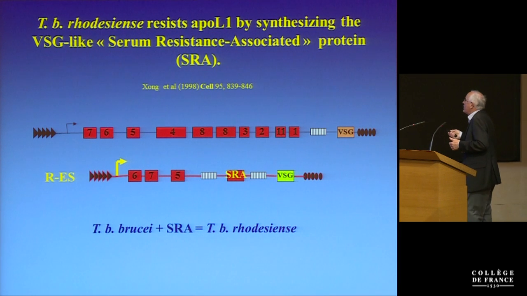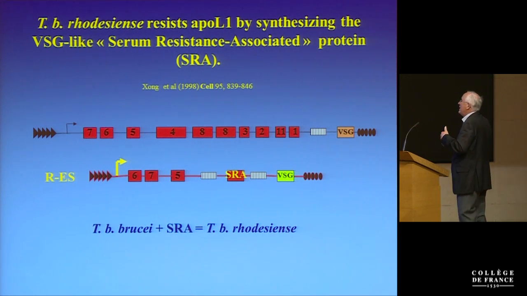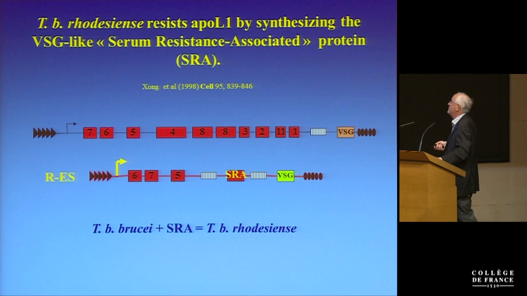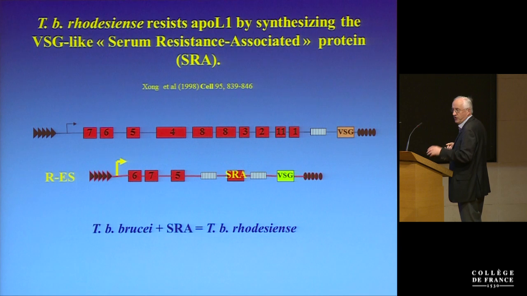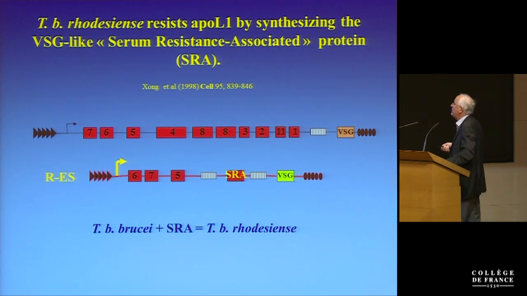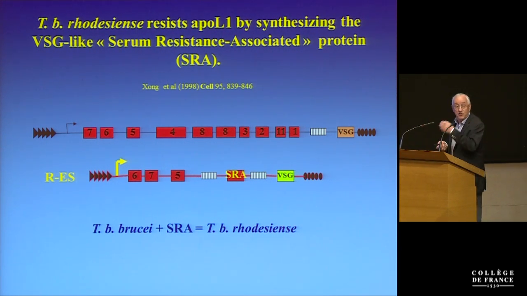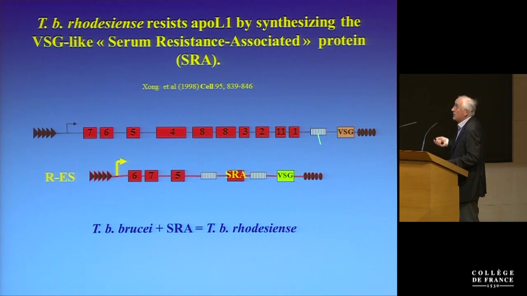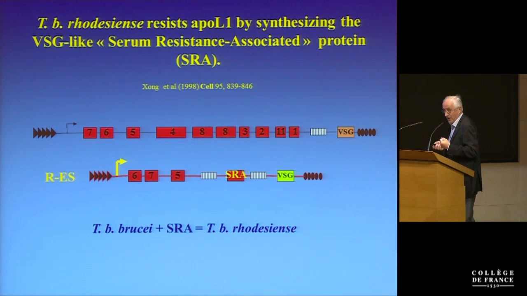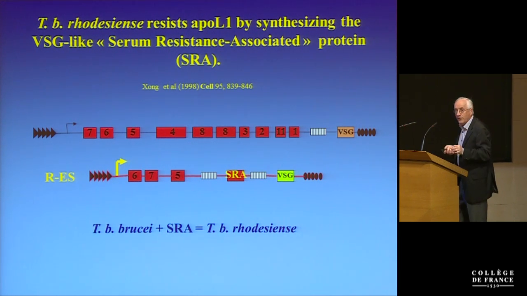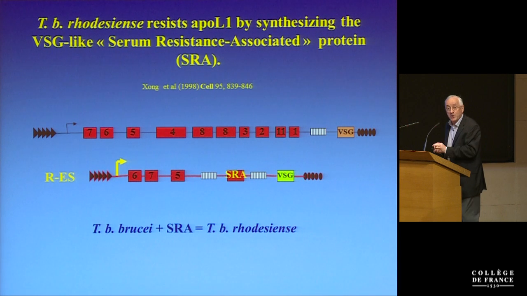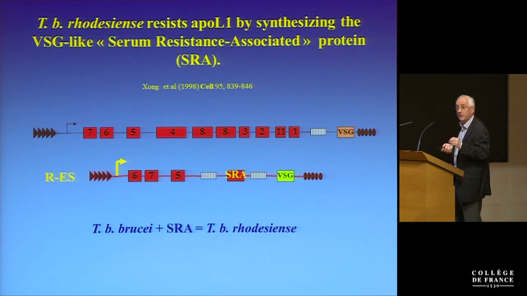Well, again, to be transcribed, the VSG has to be in a given special genomic location, which is a telomeric location, and there are something like 20 sites called VSG expression sites where the VSG can be transcribed. To summarize, you have 20 possible VSG expression sites, all telomeric, but as a strict rule, only one of these different VSG expression sites is transcribed at any given time.